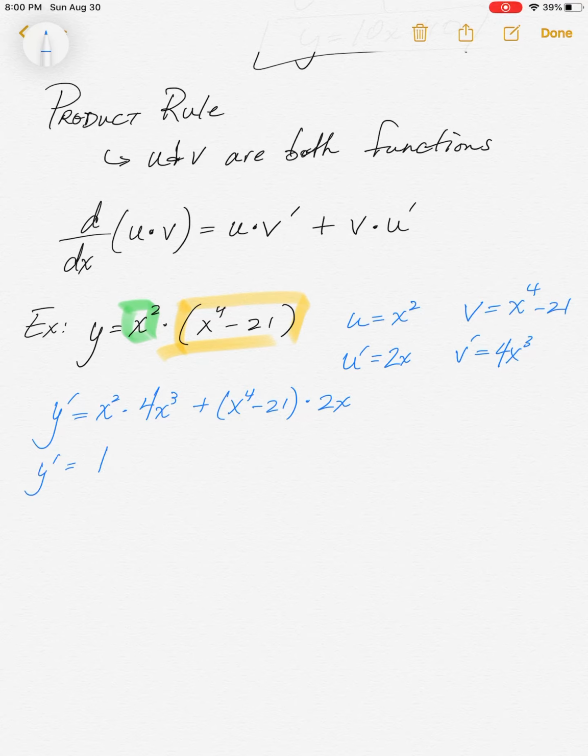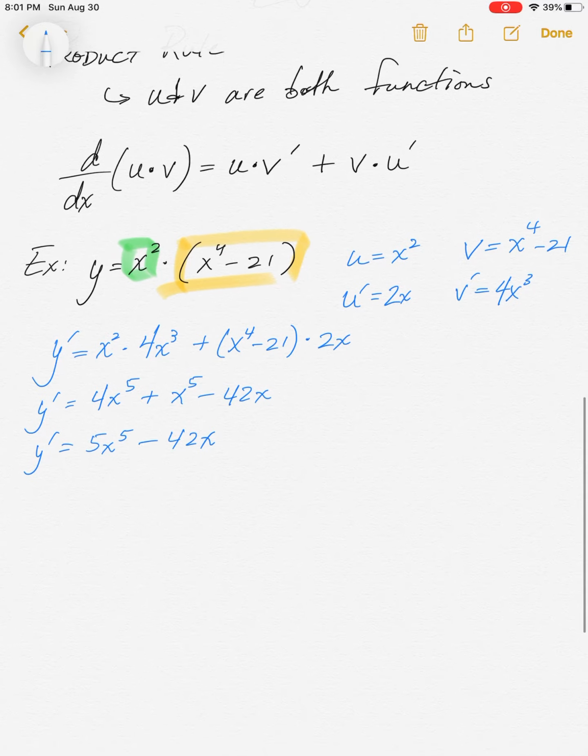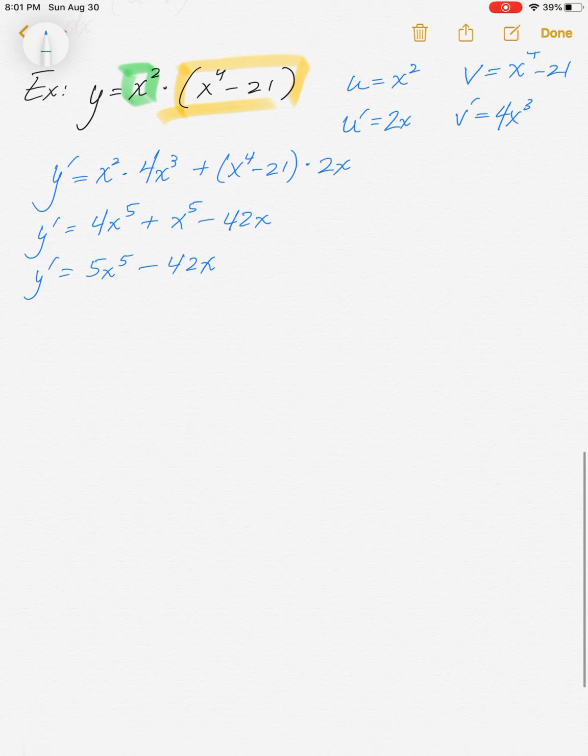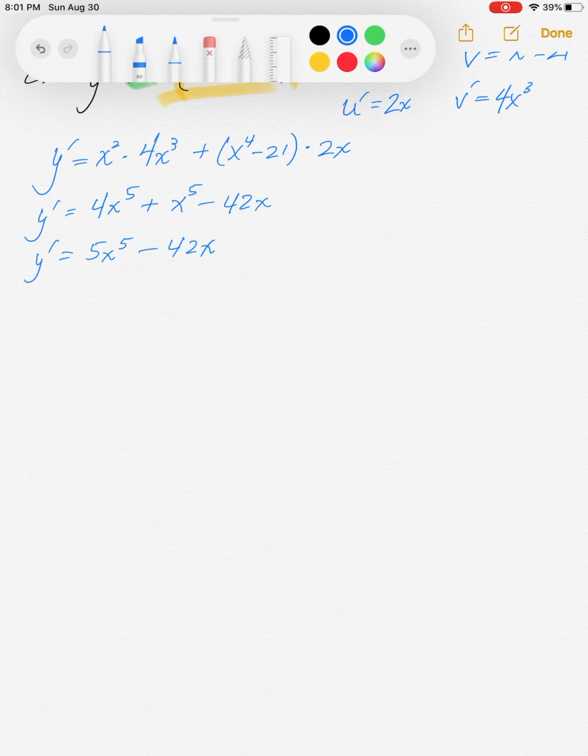And that's it, y'all. So we have 4x to the fifth plus 2x to the fifth minus 42x. Y prime equals 6x to the fifth minus 42x.